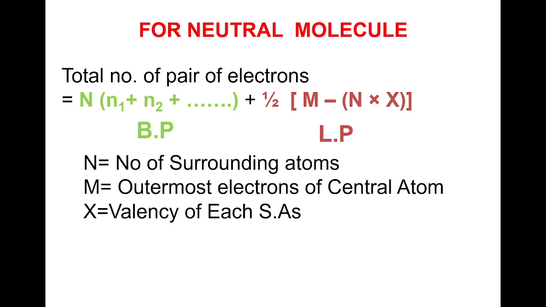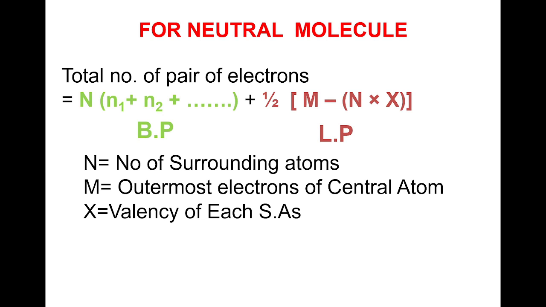To predict the shape of molecules, it is very necessary to know the total pairs of electrons present in that molecule. The total number of pairs of electrons is equal to the number of bond pairs plus the number of lone pairs.